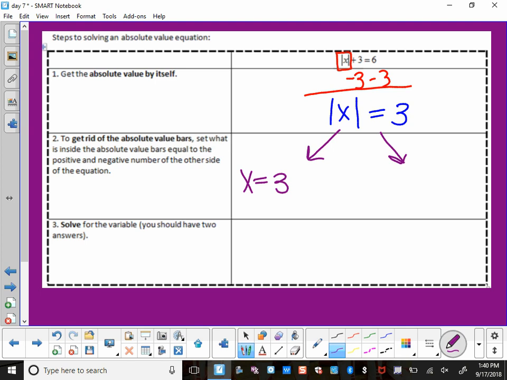My second equation, I drop the bars, and I take the opposite. What's the opposite of positive 3? -3. Yep. Okay, there's nothing else to solve here. So this is my answer. Of course, you won't see one that easy, but that just kind of gives you the gist of it.